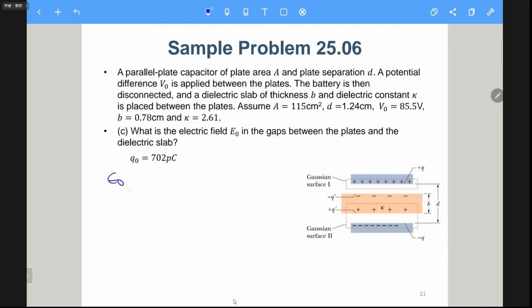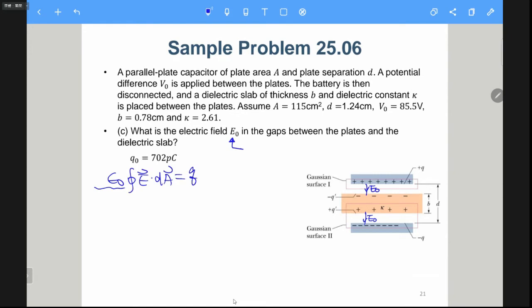Epsilon naught, because we only consider E0, which is outside the dielectric, so we only consider the case without the kappa. Integration of E dot dA equals Q.